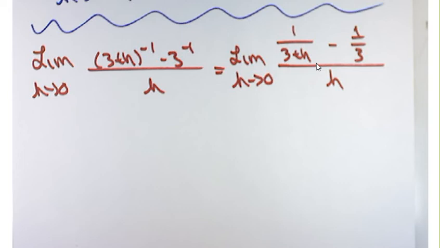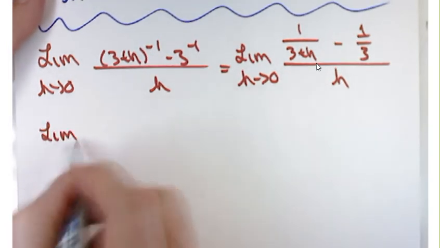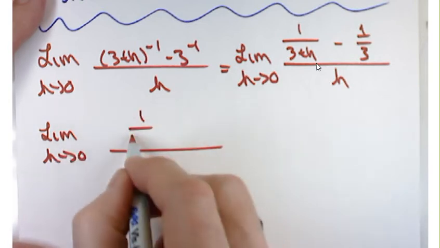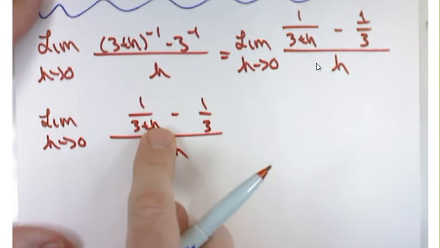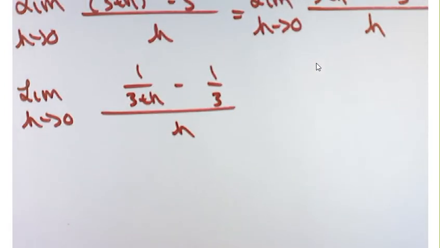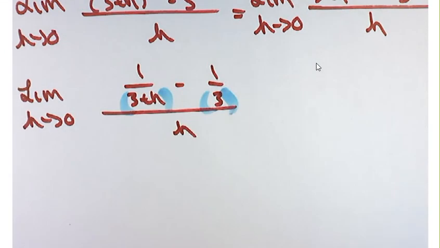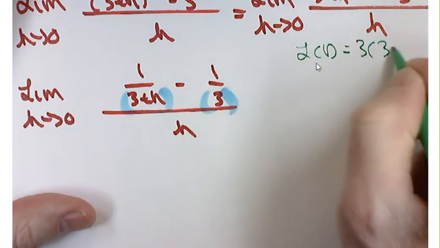But for this part right here, we have to figure out what we're going to do. The problem is we've got to get rid of that h in the denominator, otherwise we're always going to be stuck with 0 over 0 somehow. And here's the trick. 1 over 3 plus h minus 1 over 3. In the numerator part of this, we need to get a common denominator. So right now, I've got two fractions with different denominators. So I need a common denominator. The LCD is going to be 3 times 3 plus h.